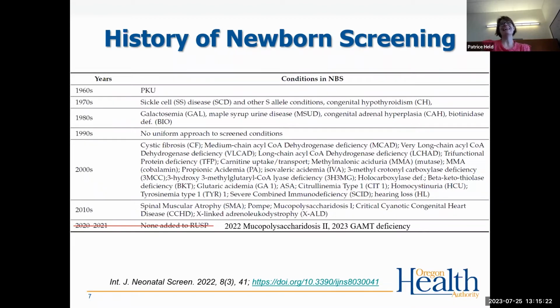And also added on yet another point of care test for critical congenital heart disease. Since then, in 2022, states have added on screening for mucopolysaccharidosis type 2, and in 2023, screening for GAMT deficiency.